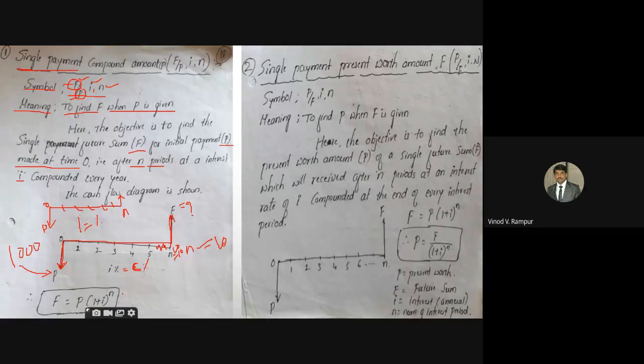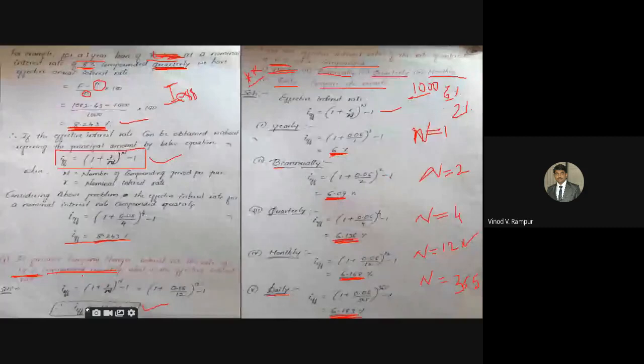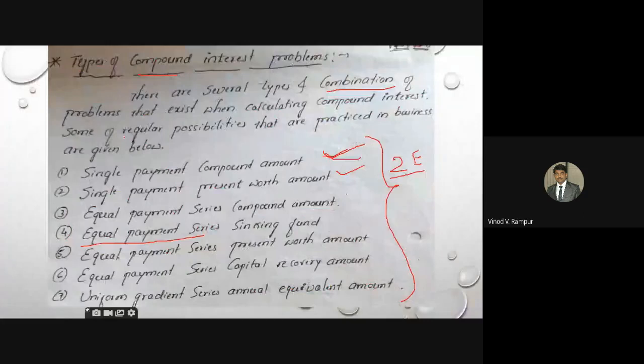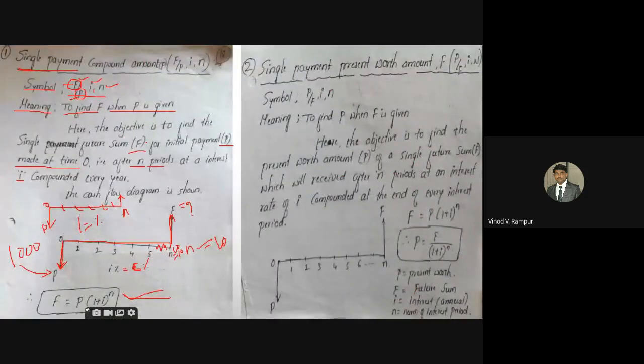This is the formula we have to use: F is equal to P into bracket 1 plus i raised to n. In previous problems we already solved this type of problem. Yes, F is equal to P into (1 plus i) raised to n, that is the single payment compound amount.